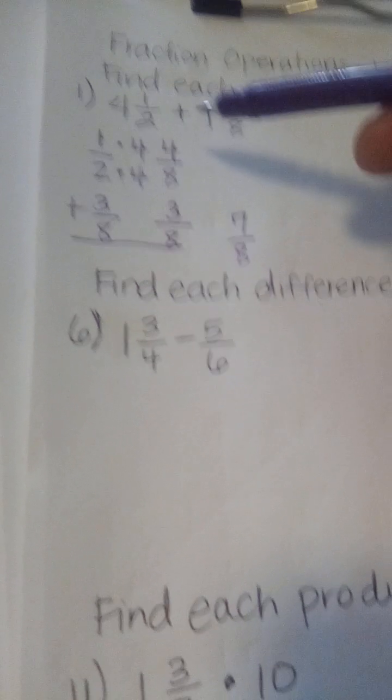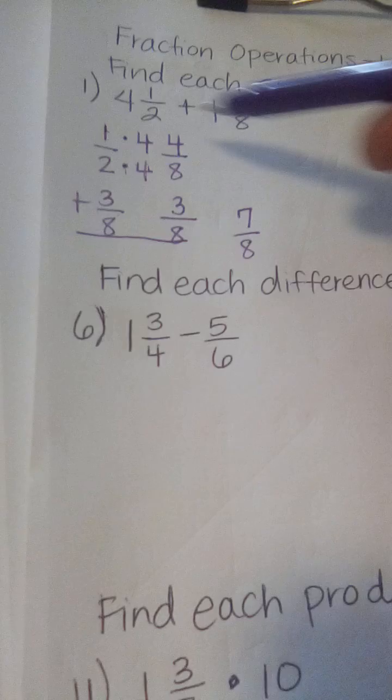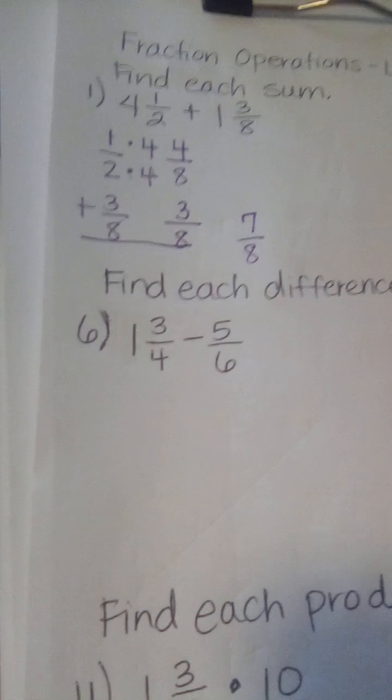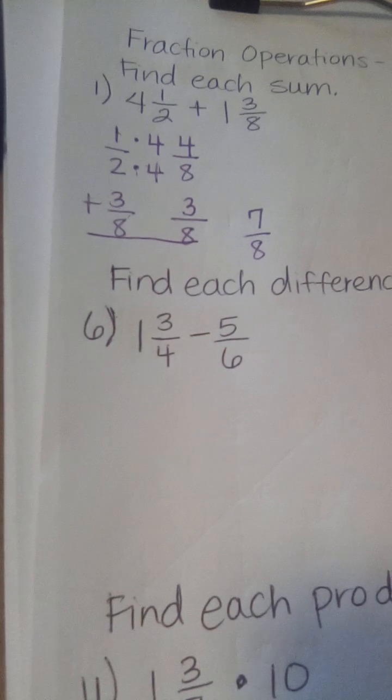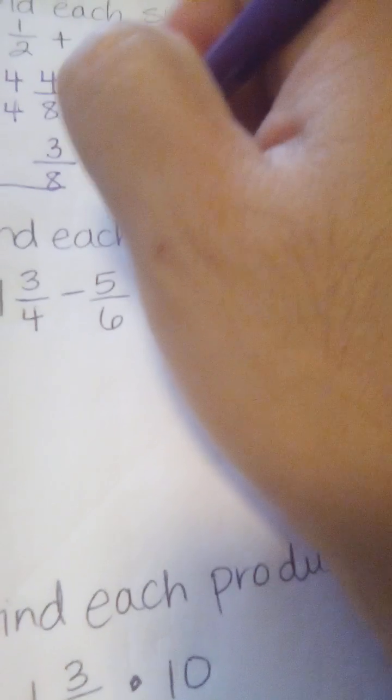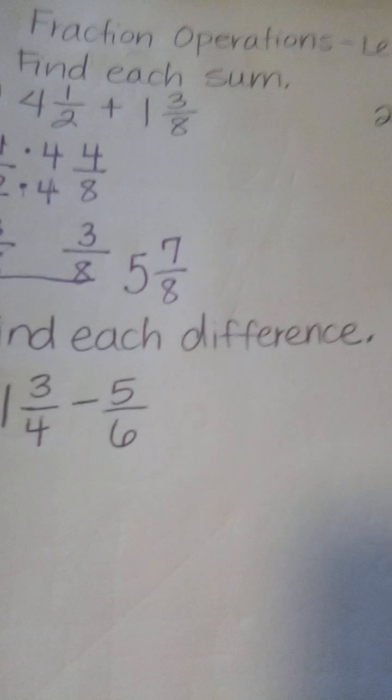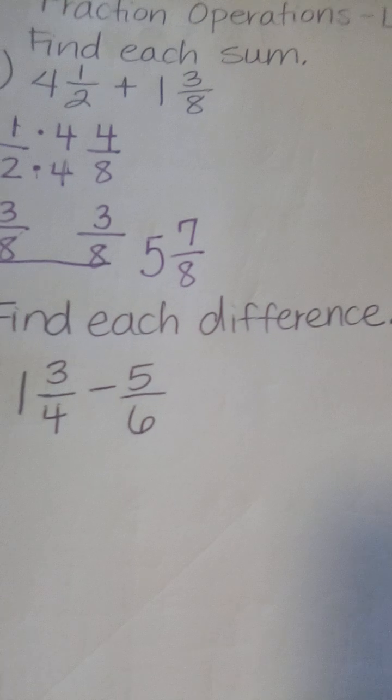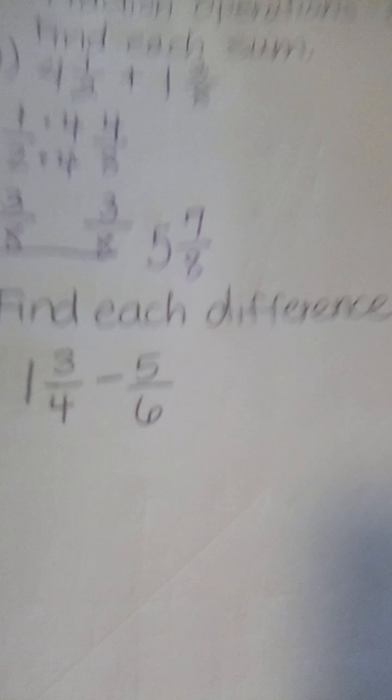All right. So let's add the two whole numbers, which are 4 and 1. 4 plus 1 gives us which number? 5, right? Are we finished? Yes. Let's check our work.